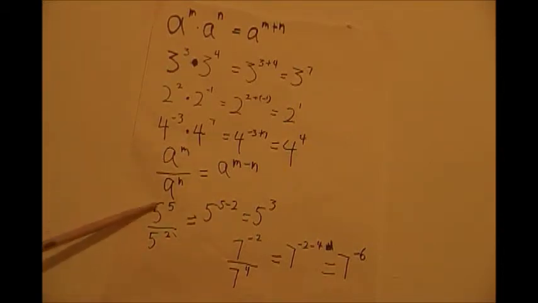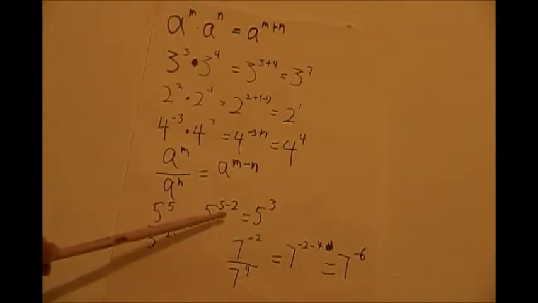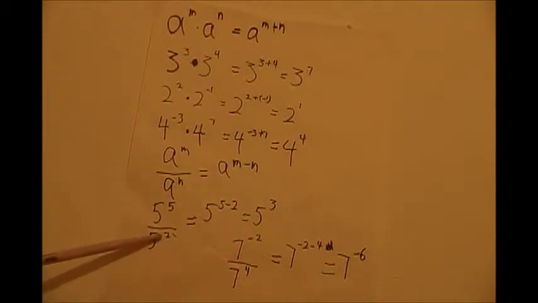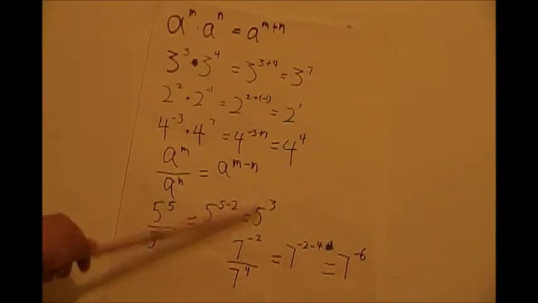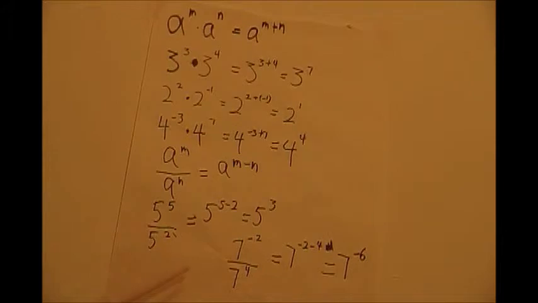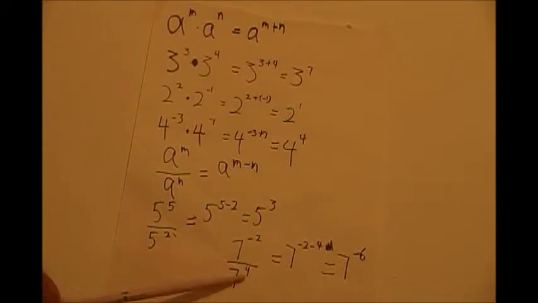So if we have, say, 5 to the fifth power over 5 to the second power, that's equal to 5 to the fifth power, the top number, minus the bottom number 2. Okay? So that's 5 minus 2, which is equal to 5 to the third power. Well, what if we have something like 7 to the negative 2 over 7 to the fourth power? Well, it's the same idea. All we're going to do is subtract the bottom number from the top number, even if we have negative numbers.